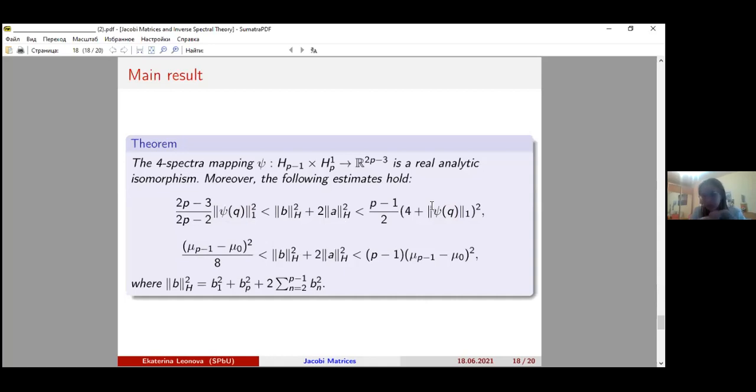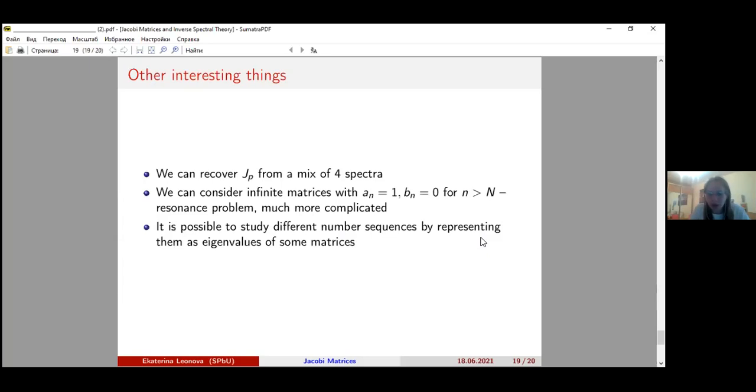These two estimates are used for two different cases: when the spectrum is small and everything is close to each other, then it's better to use the big difference. And when the spectrum is pretty big, then it's better to use this thing. So yeah, it was pretty fast, so I can talk about what else can be done.